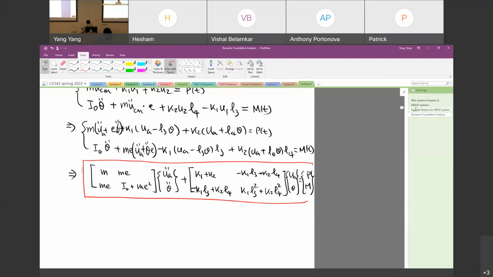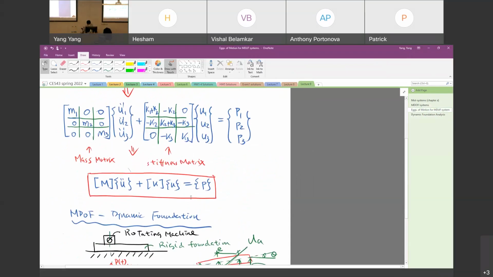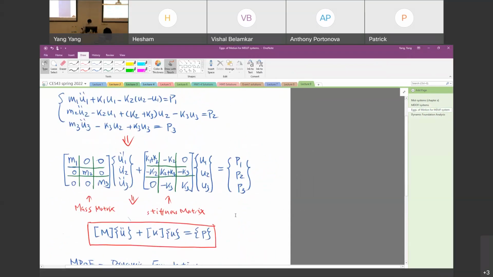Similarly, if you look back at the case with the three displacements, this is a mass matrix, so it's symmetric about the diagonal direction. Similarly for the stiffness matrix. The stiffness matrix is the same stiffness matrix you use for static analysis. If some of you are taking the indeterminate structure course, that's the same stiffness matrix.